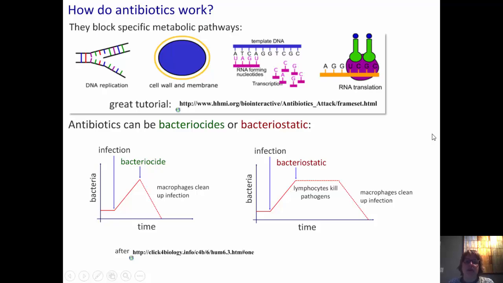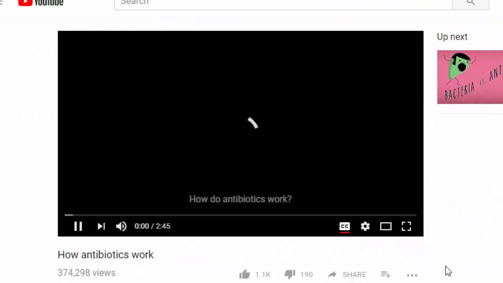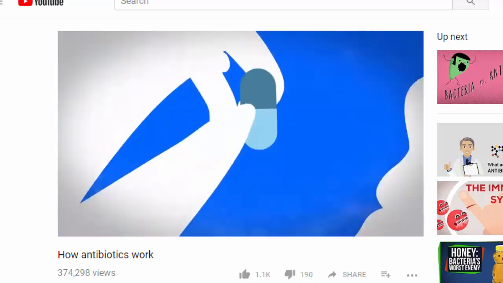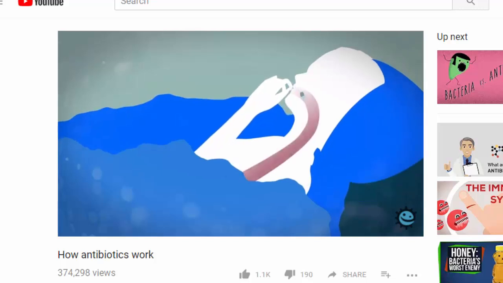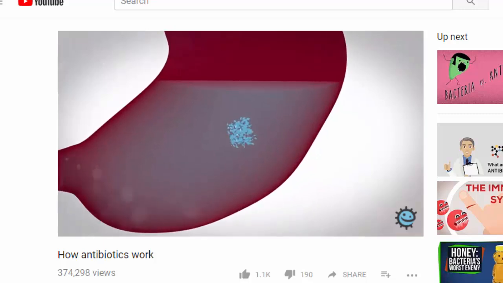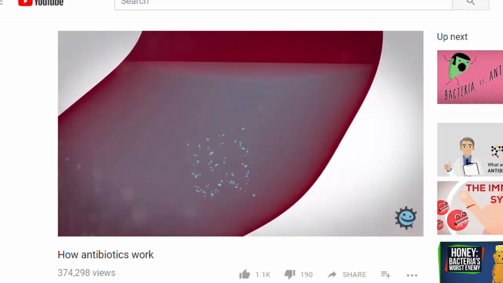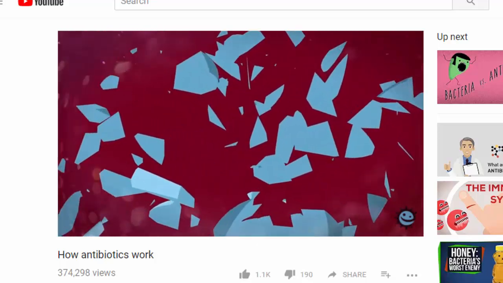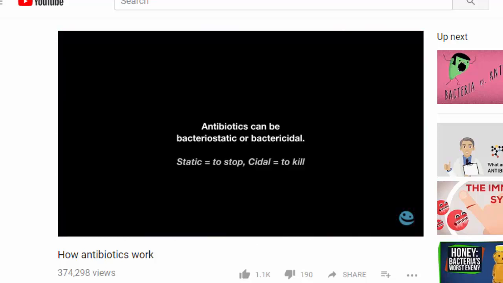So let's talk about how these antibiotics work. How do antibiotics work? Pathogenic bacteria in the body cause infections, which can be treated by antibiotics. Antibiotics can be bacteriostatic or bactericidal.